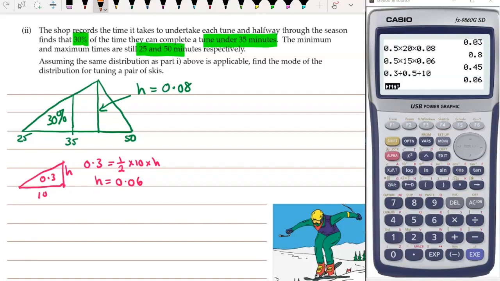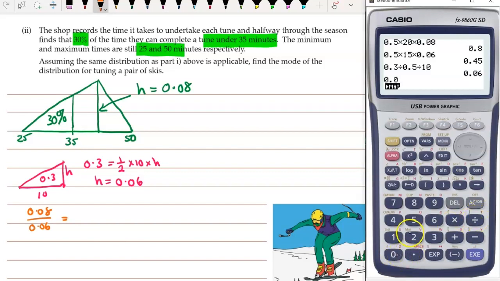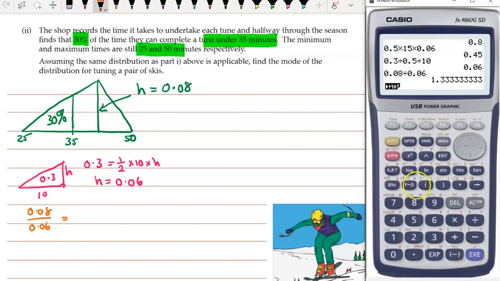So then we need to work out what we need to multiply 0.06 by to make it into 0.08. So if we do 0.08 divided by 0.06, that height is a 4/3 multiplier.